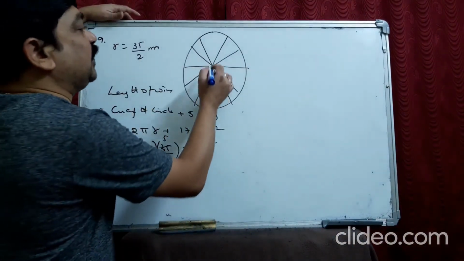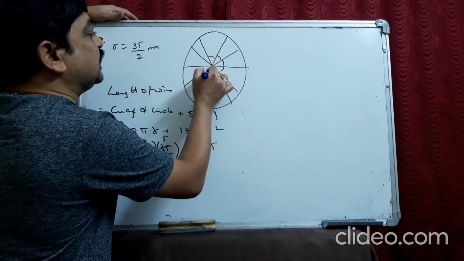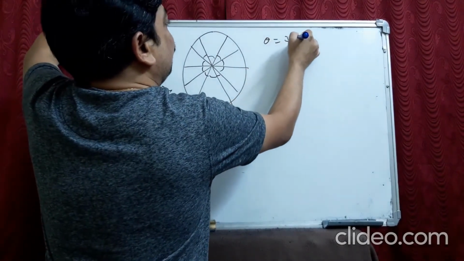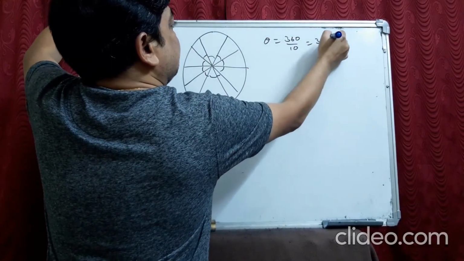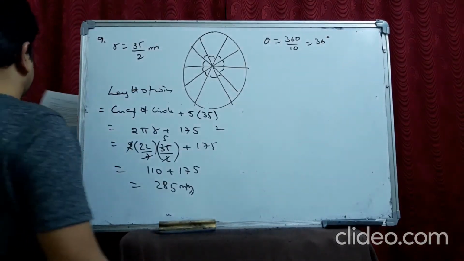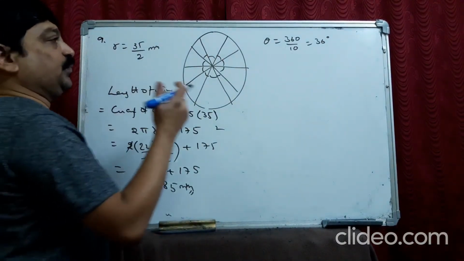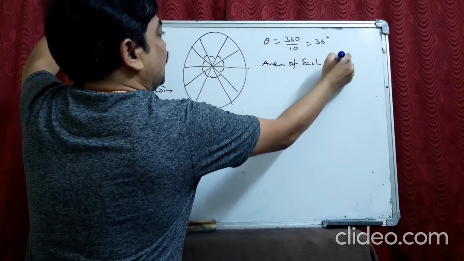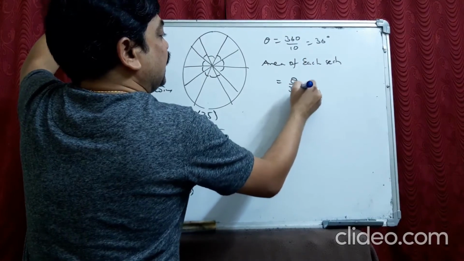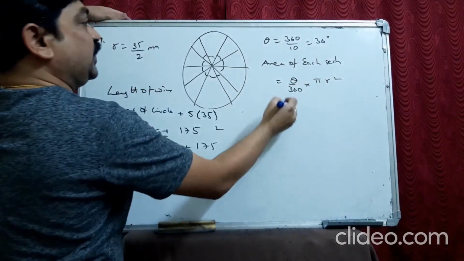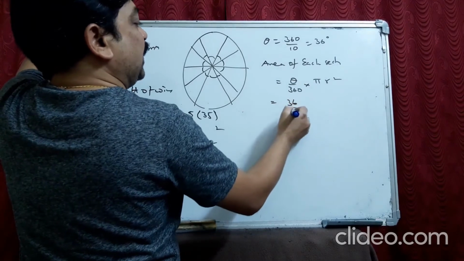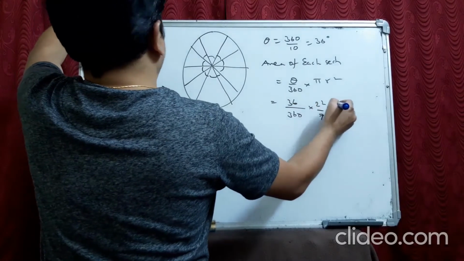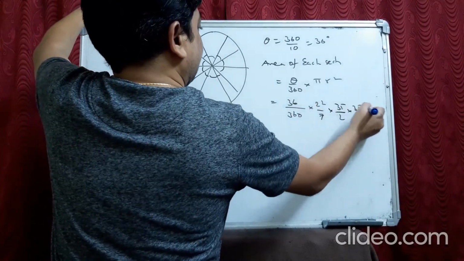See how many parts it made? 1, 2, 3, 4, 5, 6, 7, 8, 9, 10 parts. 10 parts means each angle will be equal to 360 by 10, 36 degrees. So what did they say? Area of each sector of the brooch. To find the area of each sector, theta by 360 into pi r square. Theta is 36 by 360, pi is 22 by 7, r square 35 by 2, 35 by 2.